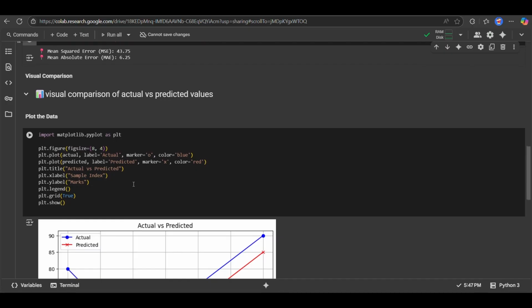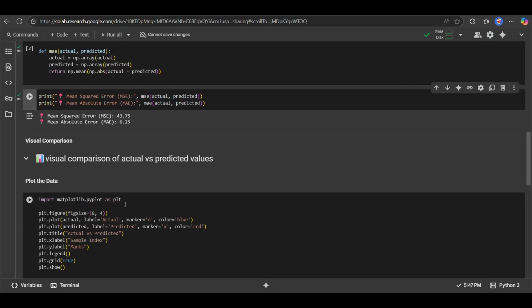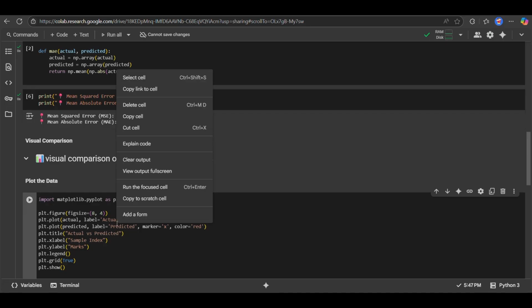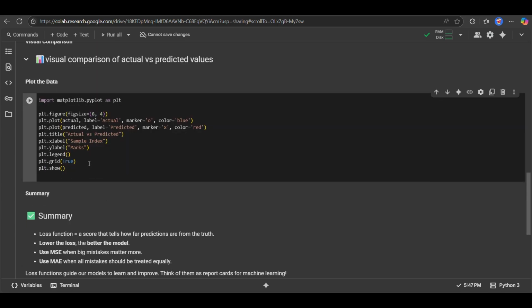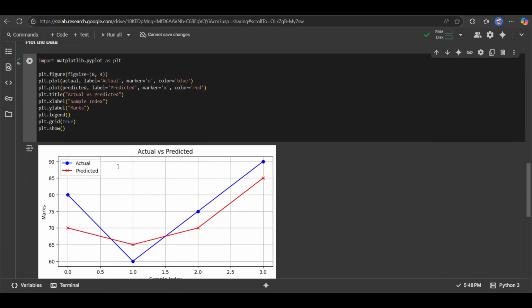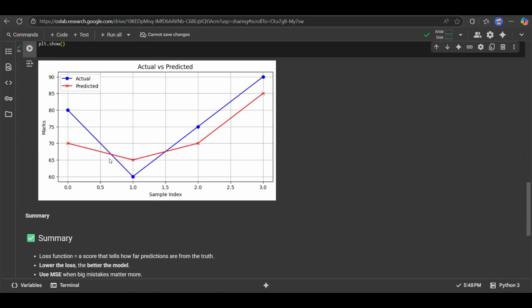Now let's visualize the actual versus the predicted values. So here, let's run this first, then we'll see. Yeah. Here the blue line shows the actual marks and the red line shows what our model predicted.